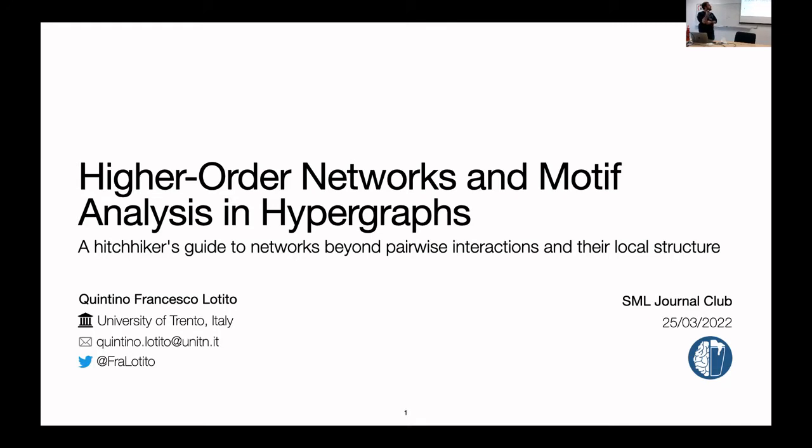So the idea today is to talk about higher-order networks, which are basically networks that involve group interactions. We will also discuss a recent work of mine with some collaborators, which is about motif analysis in hypergraphs. The presentation is divided into two parts.